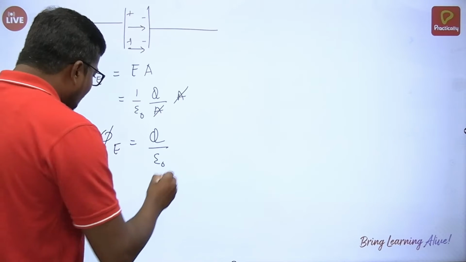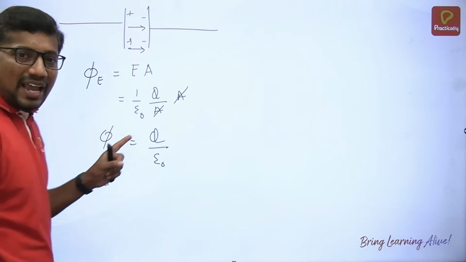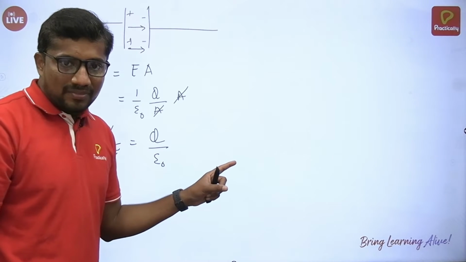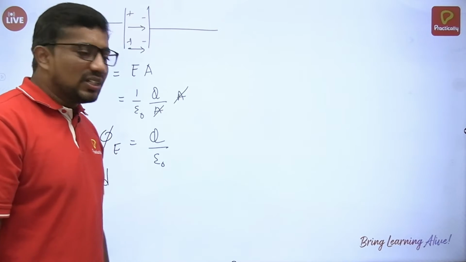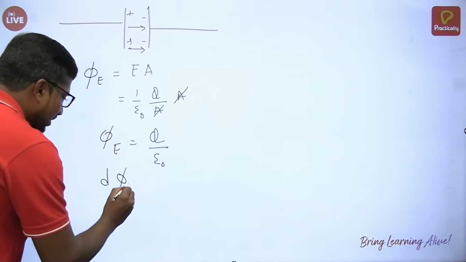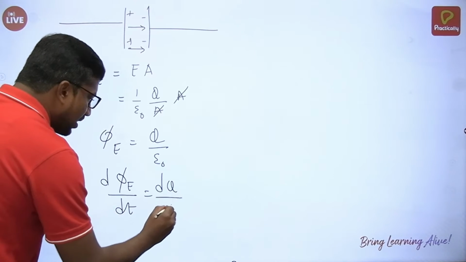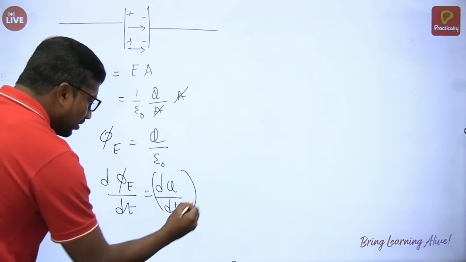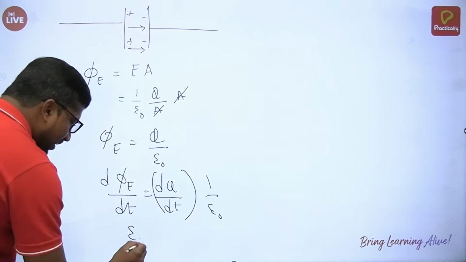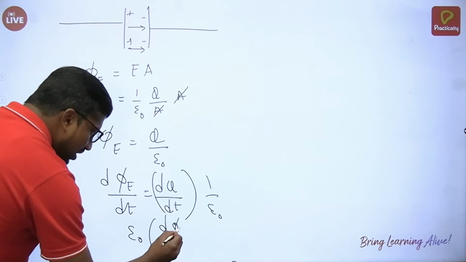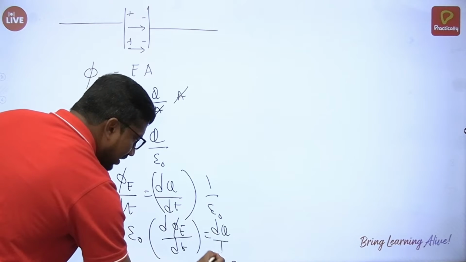Alright, now differentiate with respect to time, because I said the electric field is time varying, which means the electric flux will also vary with time. So the time varying electric flux d phi E by dt is equal to dq by dt times 1 by epsilon naught. Then if you bring epsilon naught to this side, epsilon naught times d phi E by dt is equal to dq by dt.